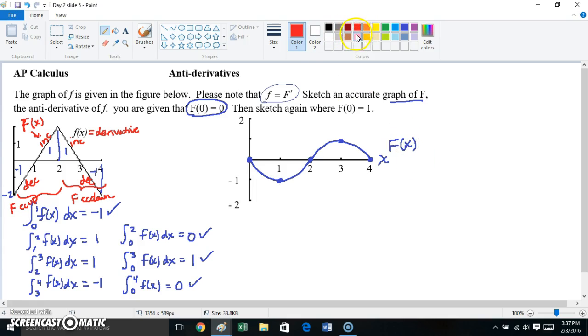All right, it says sketch the graph again when f of 0 is 1. Okay, well, what that would mean is that for every one of these values, I'm going to add 1 to the value we got for the integral. So I could look at this as 1 plus the integral, 1 plus the integral. All right, that's just going to shift my curve 1 unit up.